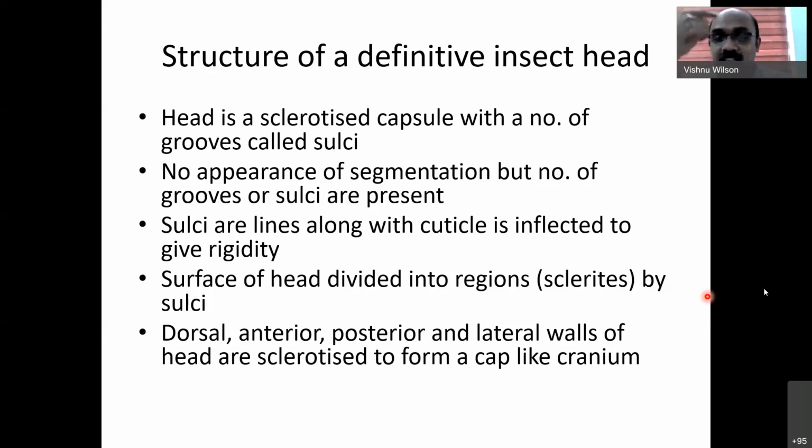So imagine if you have a groove like this in a circle, then you can say that your head can be divided into a number of areas, the area inside the groove.